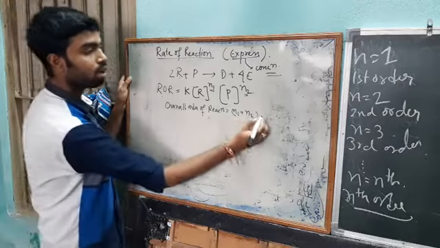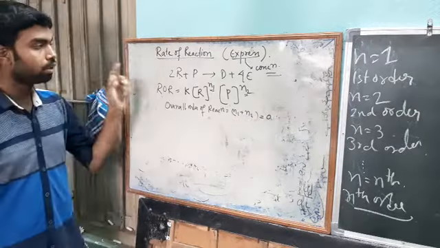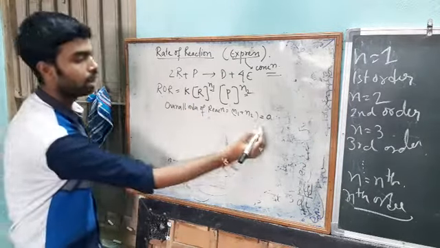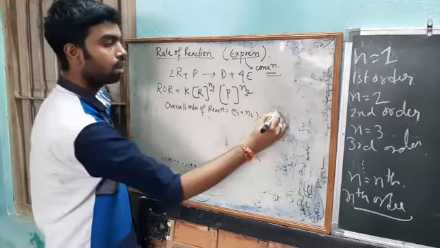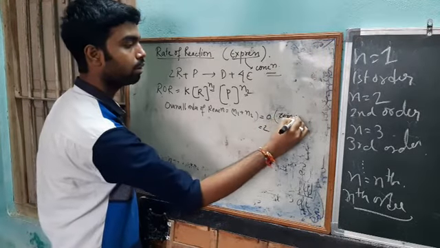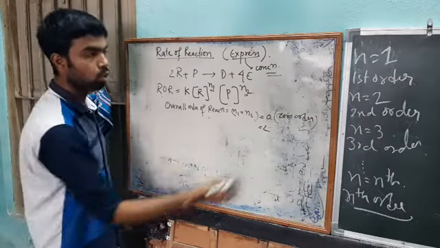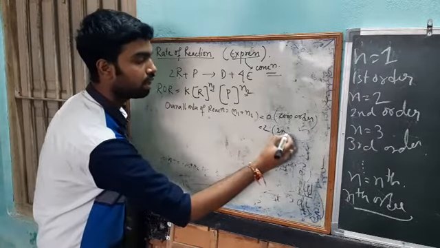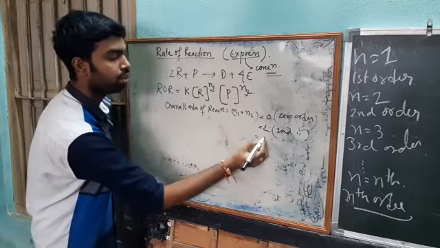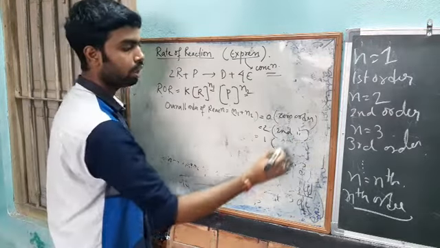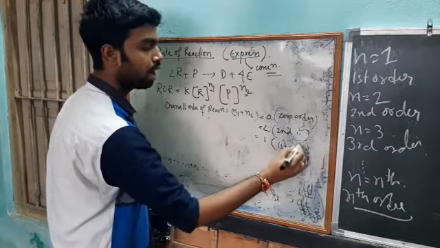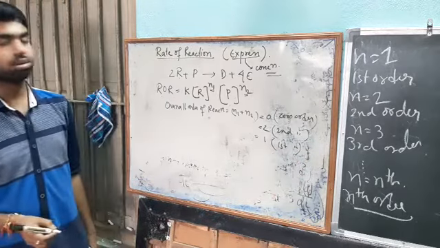Now, if this n1 plus n2 is 0, then we will call it a zero order reaction. If n1 plus n2 is 2, then we will call it second order reaction. If n1 plus n2 is 1, then we will call it first order reaction.